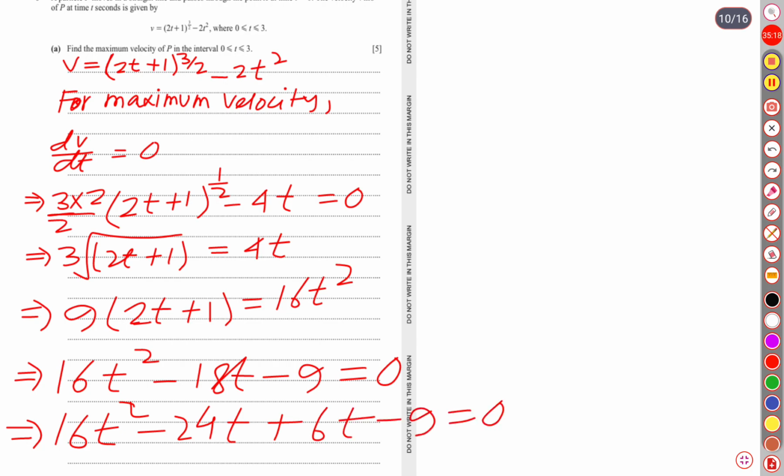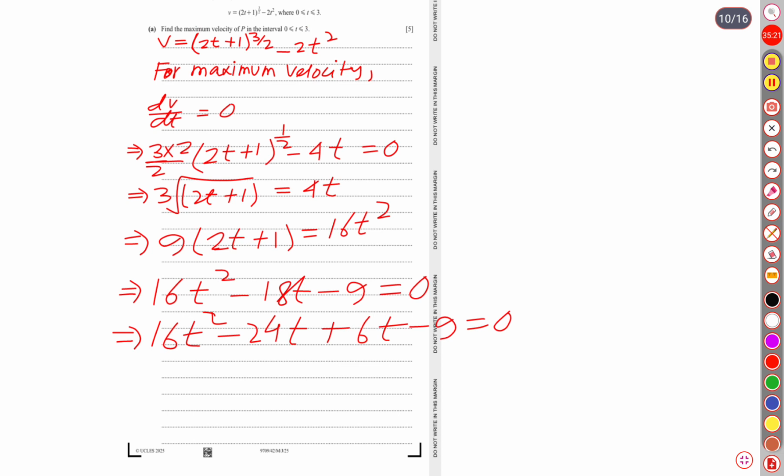If we factorize, both of them have 8 common, so it is 3t minus 4 and 8t plus 3.